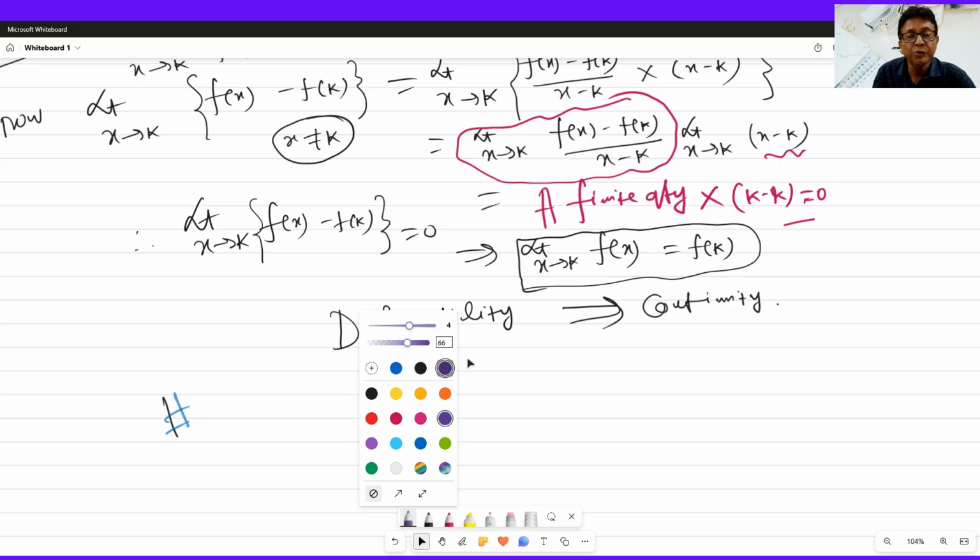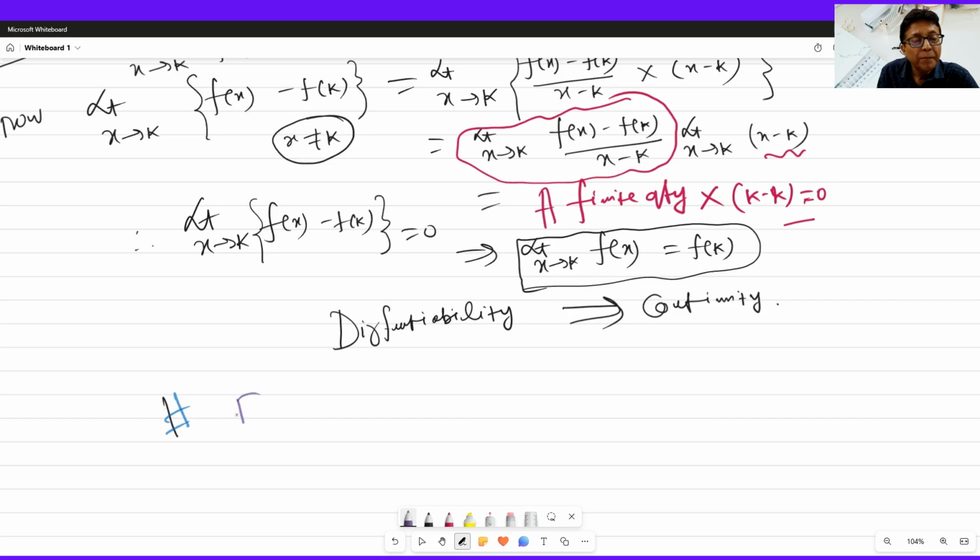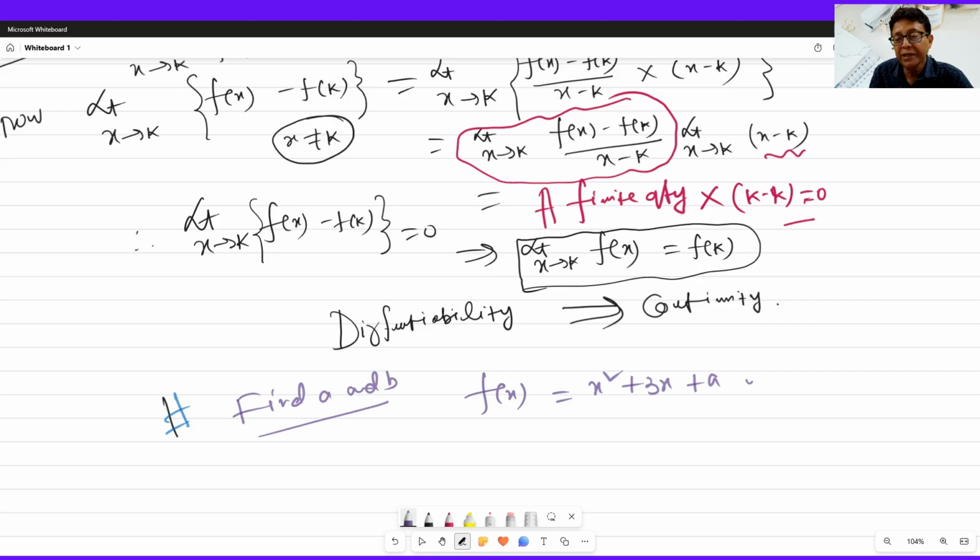Find a and b so that the function f(x) equal to x square plus 3x plus a if x less than or equal to 1, bx plus 2 if x greater than 1, is differentiable at x equal to 1.